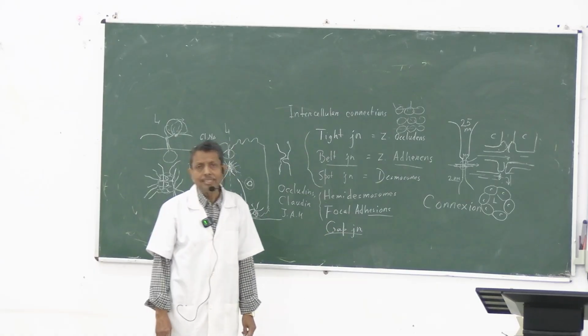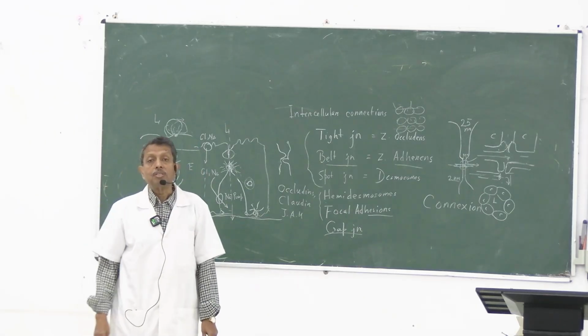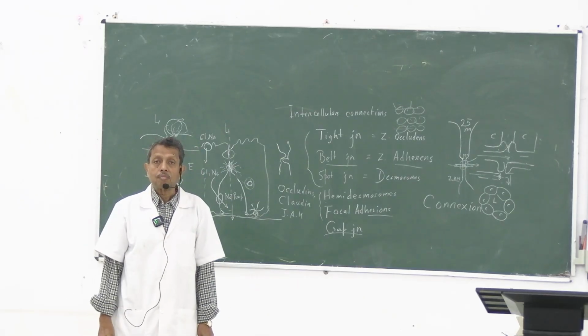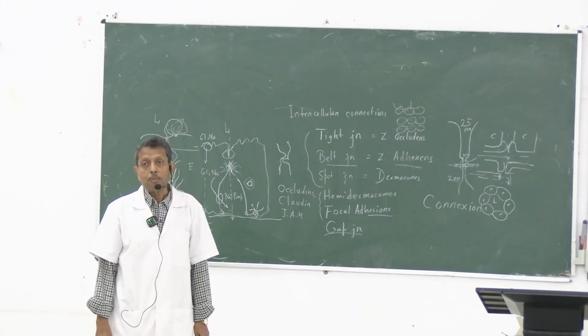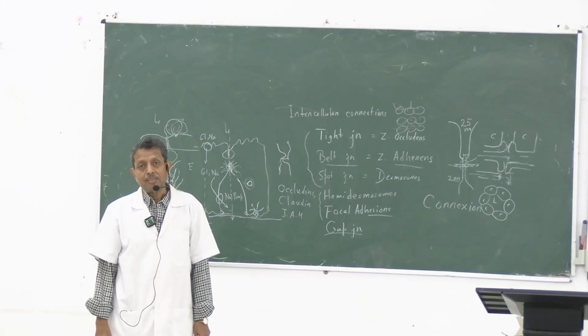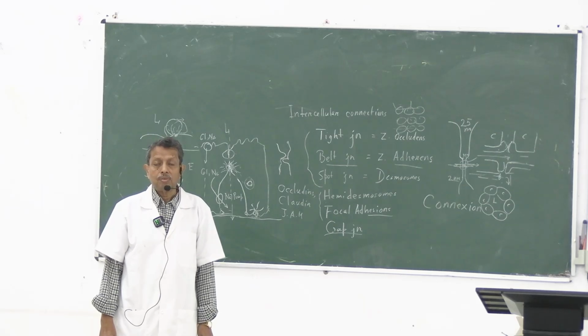Some skin diseases like Clouston syndrome are linked to these connections. Some degenerative brain disease, cardiac disease, and liver disease are linked to these connections. So these are the gap junctions.